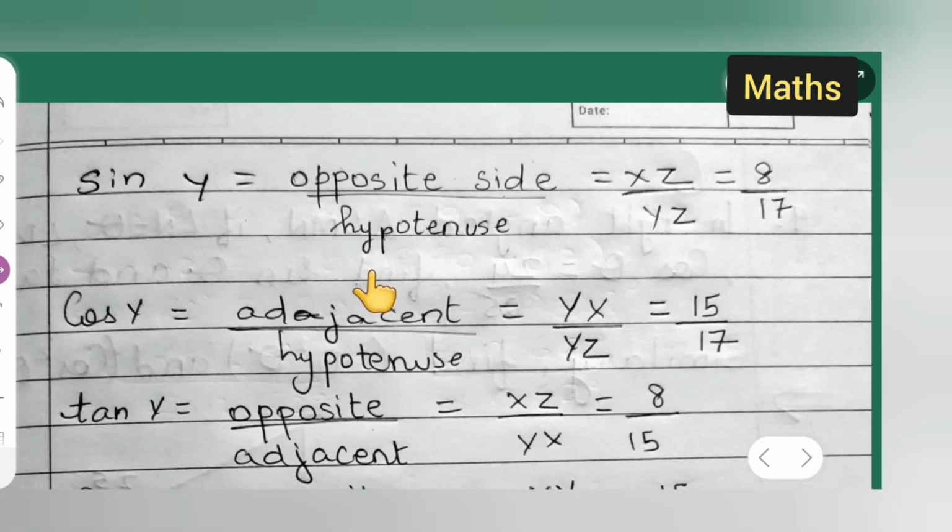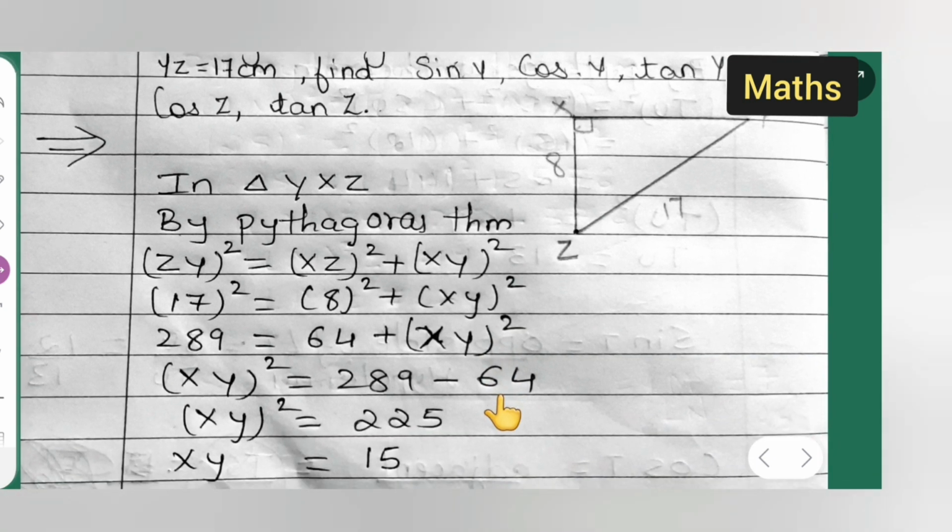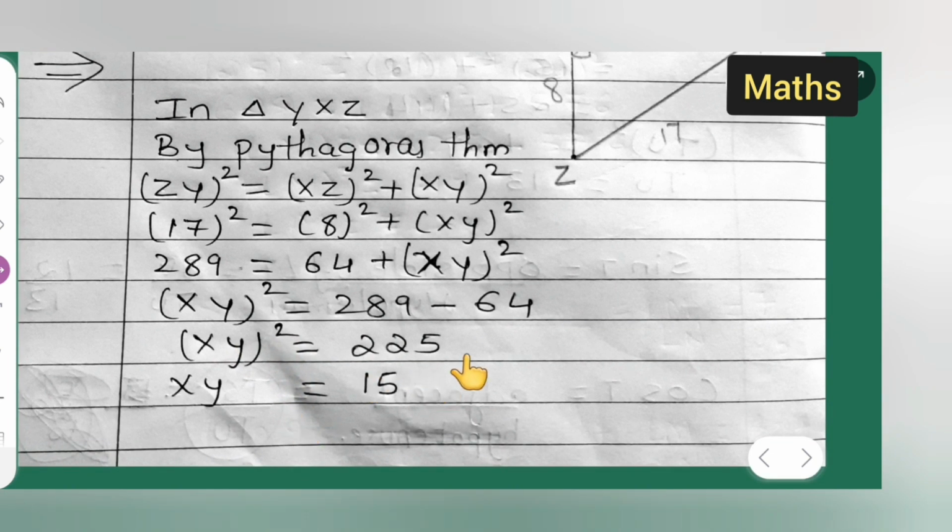Now 17 squared is 289, which is equal to 8 squared, which is 64, plus this. Write it as it is. Now XY squared is equal to 289 minus, you take this to the other side, so it becomes minus 64. So XY squared is equal to 225.